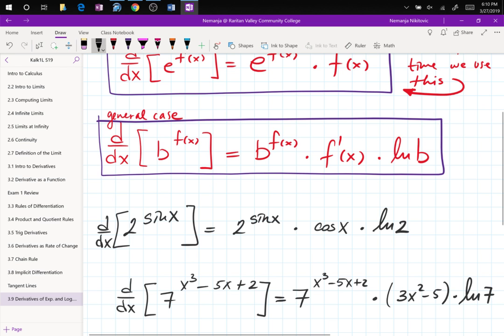All of these things have exponential functions in them. And metabolizing drug in the blood, in the body, it all has exponential functions, and every single base is e all the time, which is why we have that formula on top.